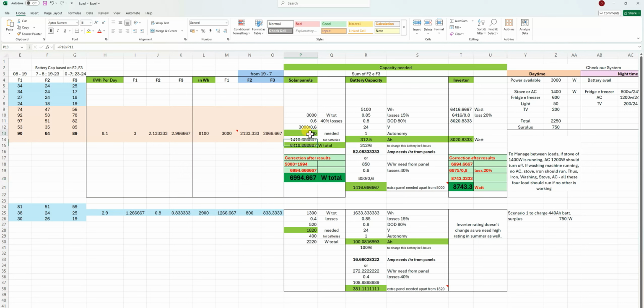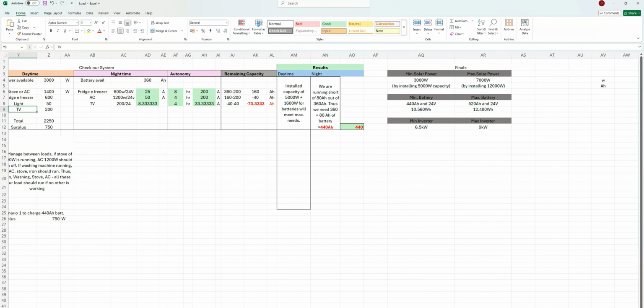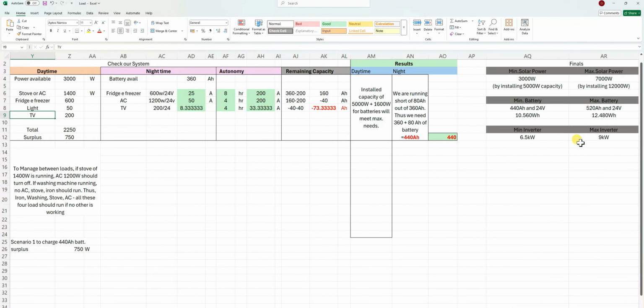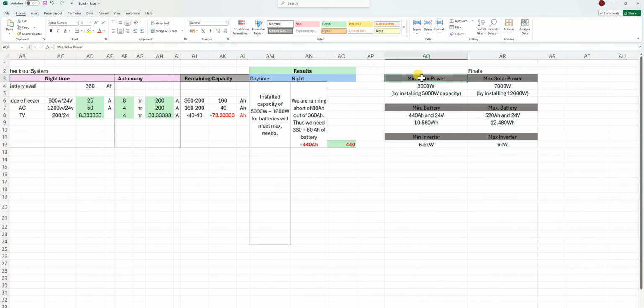I will turn, for example, the stove or AC, maybe both are off, maybe the TV is not running, maybe, I mean, there will be plus and minus of all these values. So according to my point of view, what I have written is these final thoughts, that the minimum solar power I can install is 3000 by installing 5000 watt capacity.